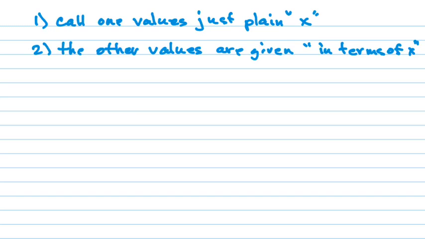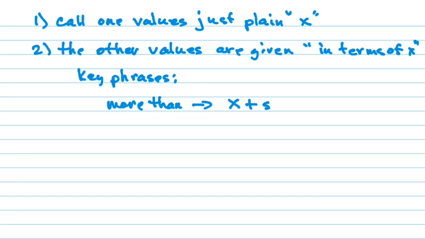And there are some key phrases that you need to be aware of so you'll know. Okay? So, if you see more than, or its equivalent, greater than, bigger than, all of those mean the same thing, then what you're going to get is X plus some number.